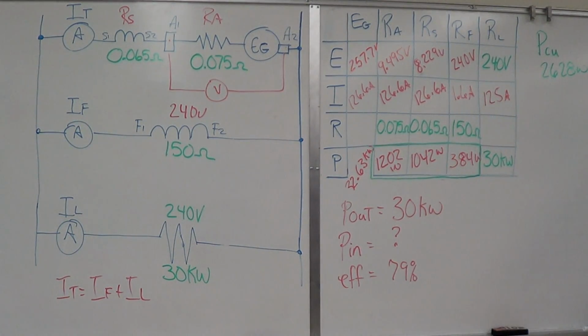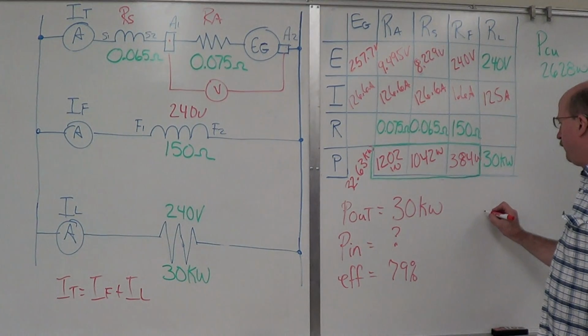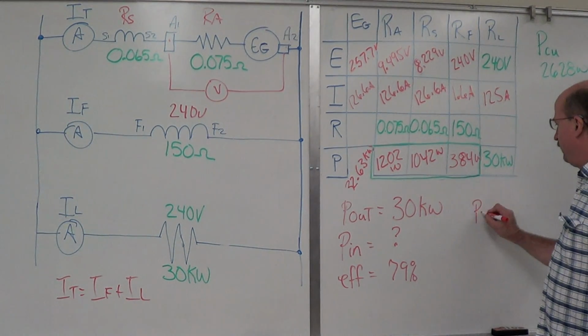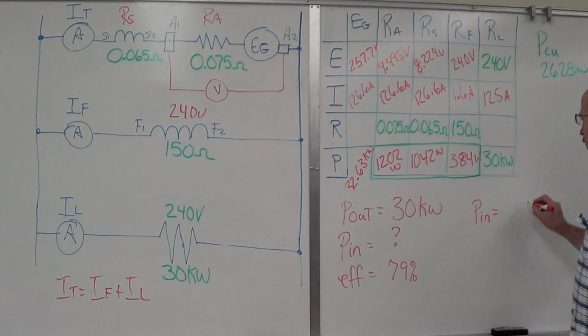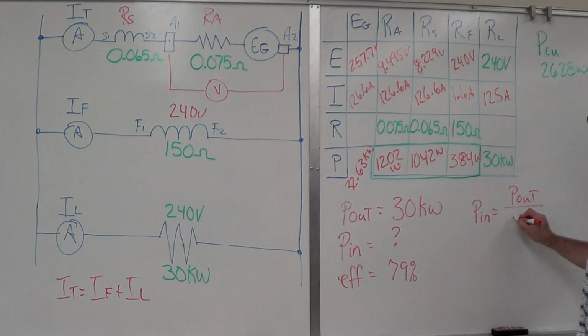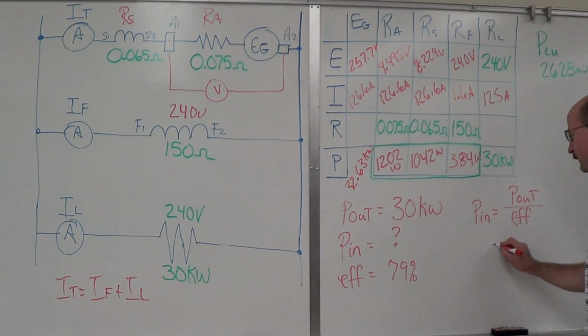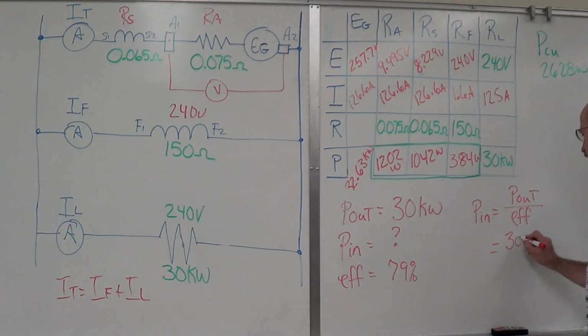That's what we're given for this part of the problem. So we set this up and say our power in is power out divided by your efficiency: 30,000 divided by 0.79.